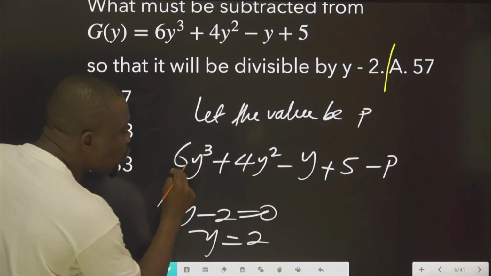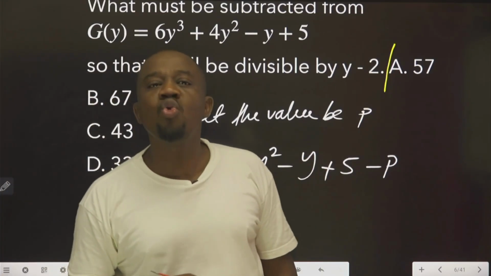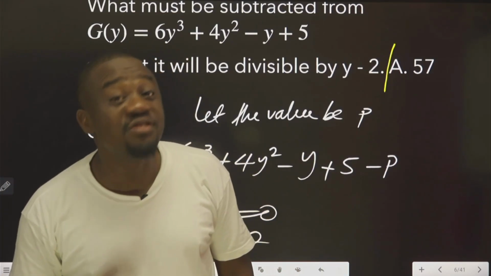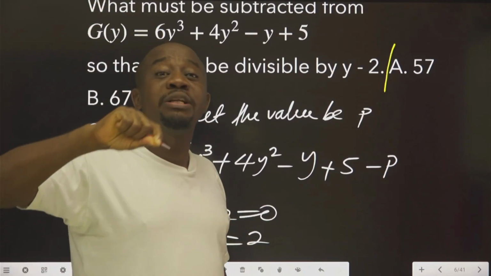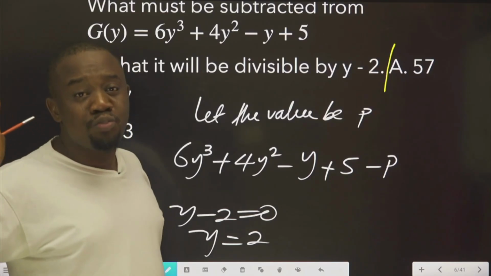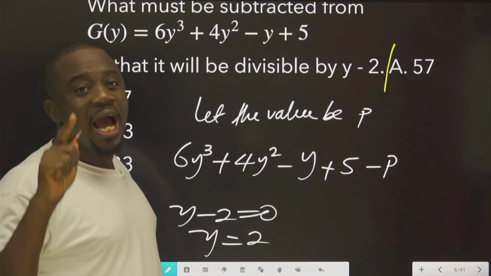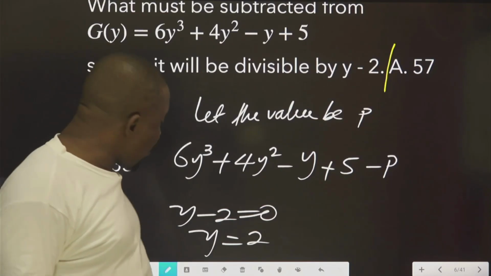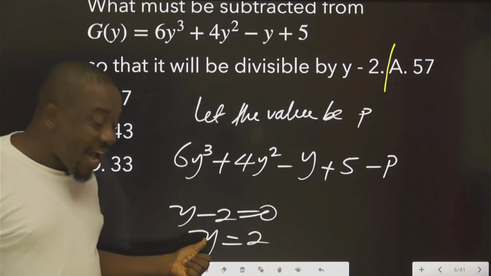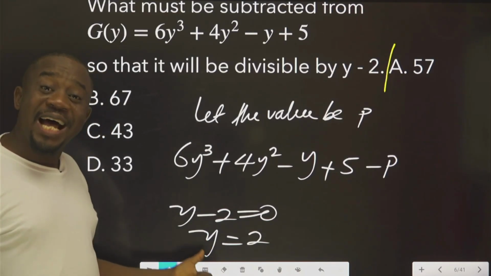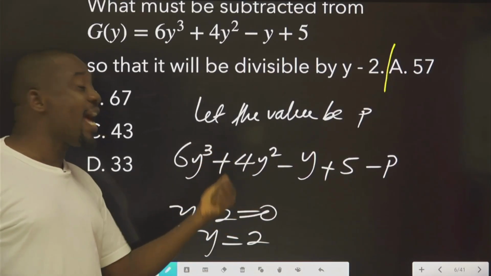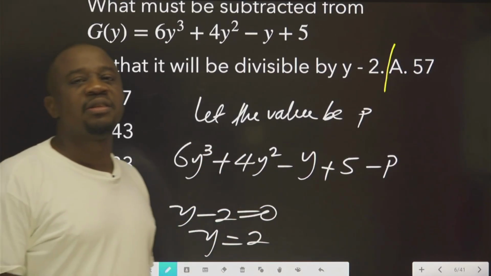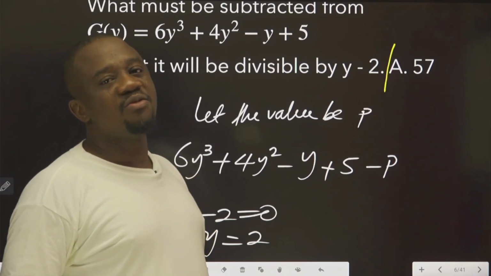If you substitute 2 here, you shouldn't have remainder, you have 0. That is the meaning. If there is a value you can use to divide an expression or a function, and you are not going to have remainder, if you can have the value of that variable, this y is equal to 2, when you substitute 2 here, you will not have any value other than 0.